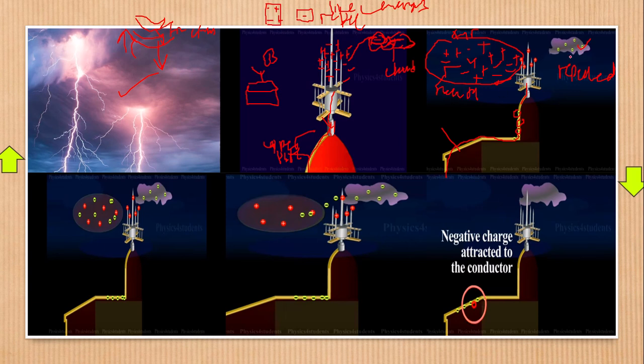Now, after the cloud has repelled the negatives away, the positives which remain on the spikes, there are very many. We can have around 1 million positive charges, and on the cloud maybe only 1,000.